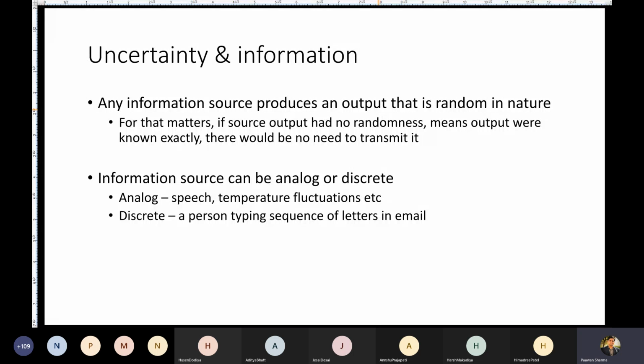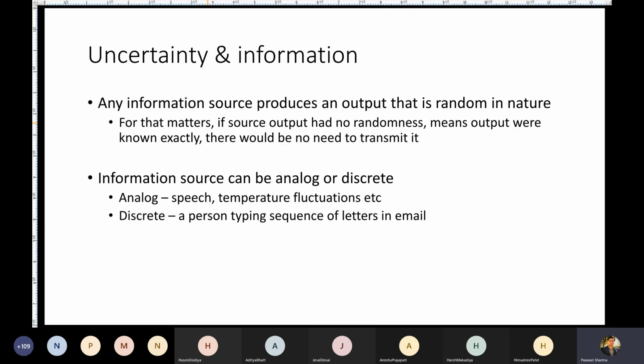If that would not be the case, if source output had no randomness, meaning the output were known exactly before it actually happened, then there would not be any need or requirement to transmit it. Right? Suppose I'm looking for information to be received by me. I want to know what is the temperature of, say, Shimla today. I want to know because I do not have that information.